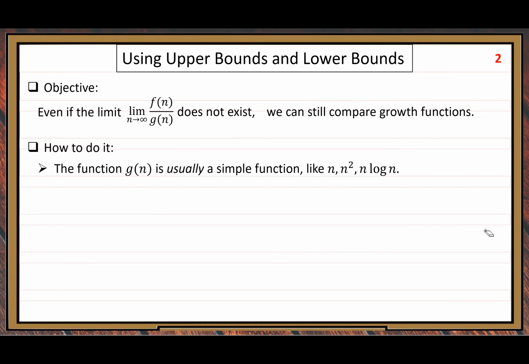Because when we describe classes of growth functions, g of n is the one we use for the concise description, so we want to use relatively simple functions as the basic comparison functions.